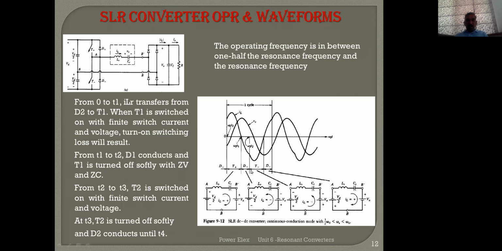At T3, T2 will be turned off. Why? Because this inductor current or load current is going to zero from negative maximum, and T2 is turned off slowly.